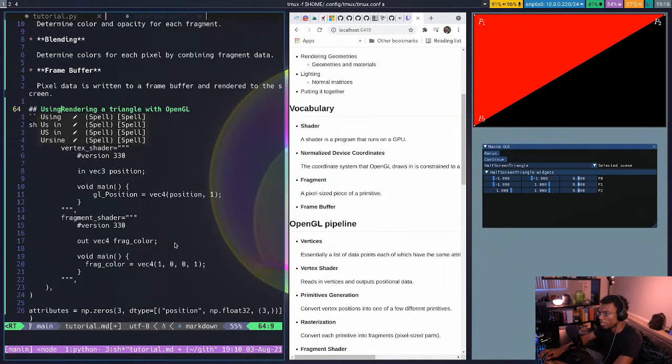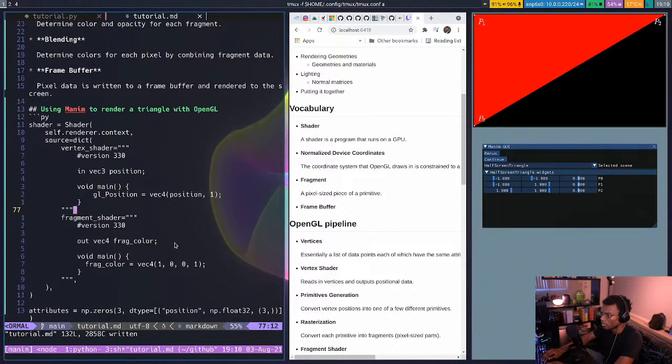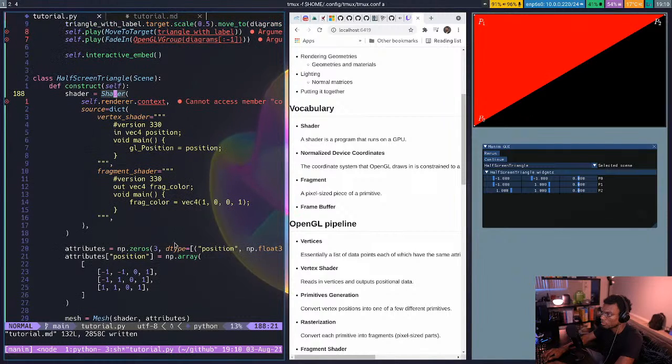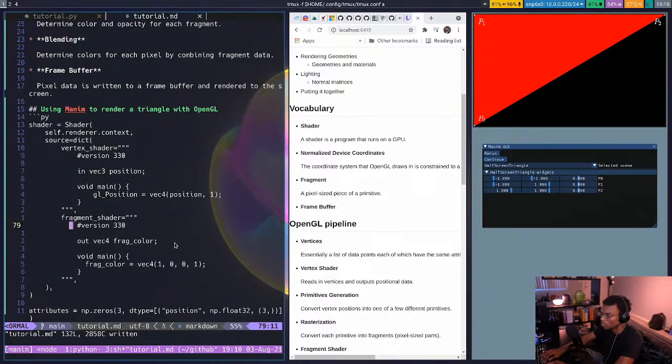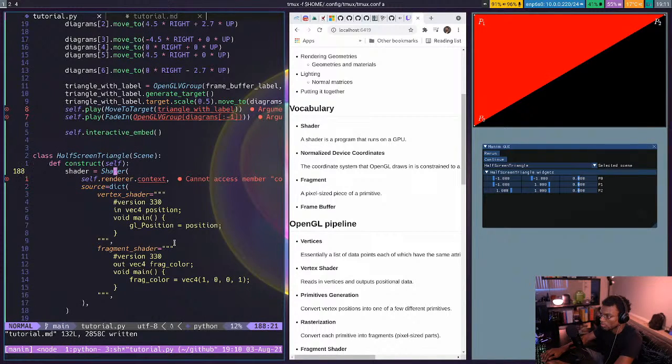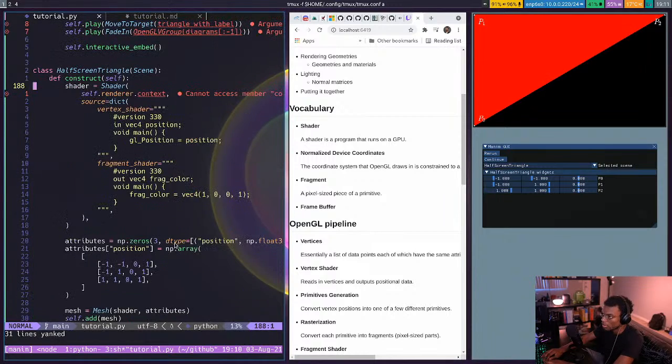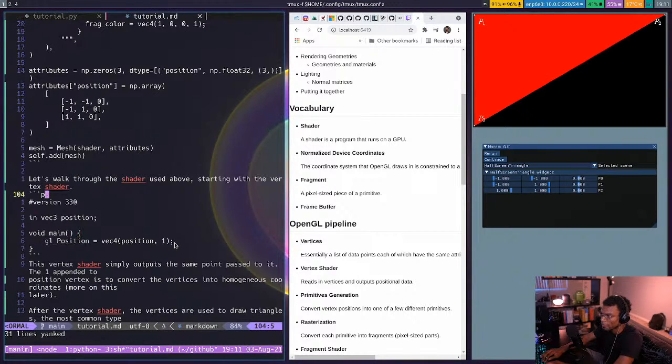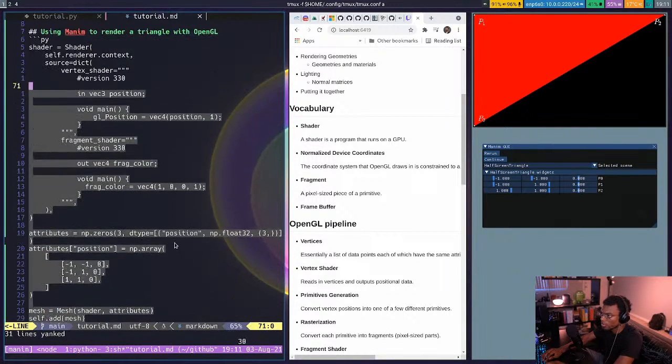It's using Manim to render the triangle with OpenGL. Great, and then I'll just pretty much copy this code verbatim. Yeah. Shader equals whatever, all of this. It's pretty much what's already there.